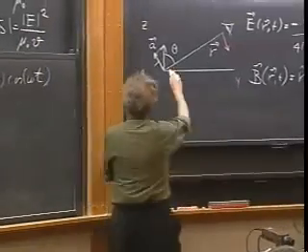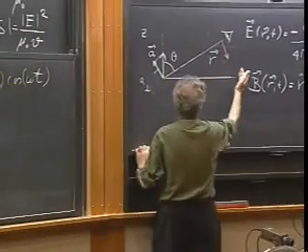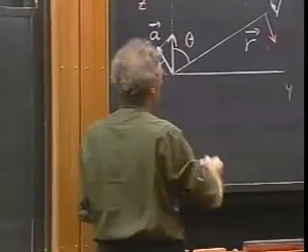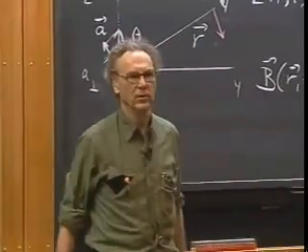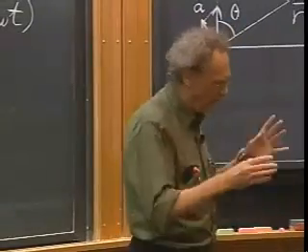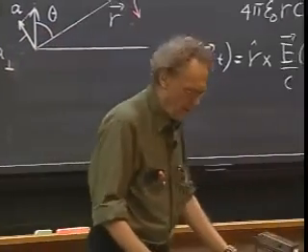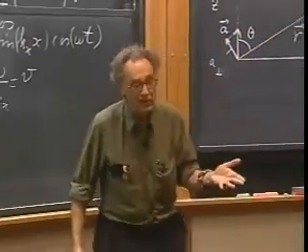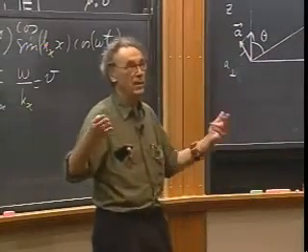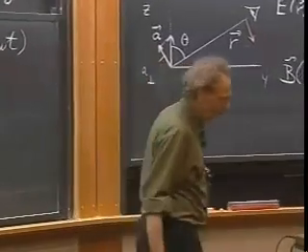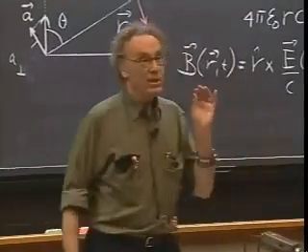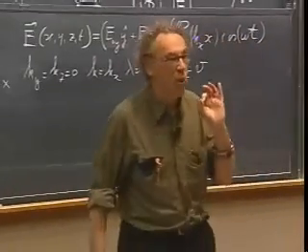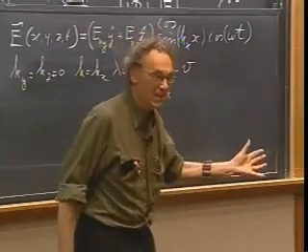If you happen to be at theta 90 degrees, you will see the maximum E possible. If you happen to be in this direction where theta is 0, you won't see any electric field. And so there's a very strong dependence of the magnitude of the E vector in the direction. And the same is true for the B vector, because the B and the E vector are always married to each other, so they get the same sine theta. So the Poynting vector is now going to be proportional to sine square theta, because you have an E and you have a B.